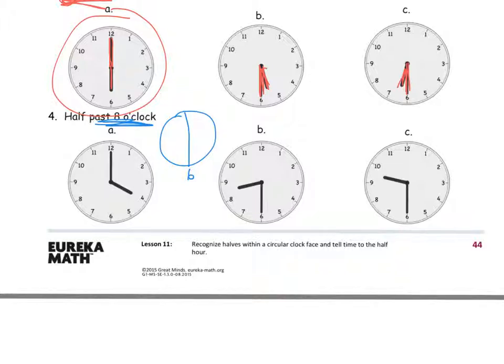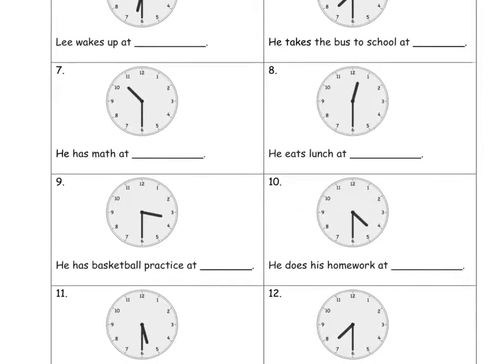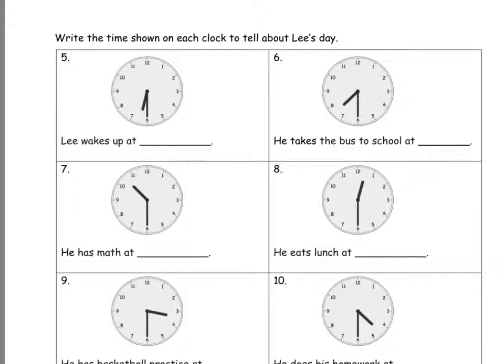So let's take a look at page 2. And I'll do 2 of these. It says, write the time shown on each clock and to tell about Lee's day. So this first one says, Lee wakes up at.